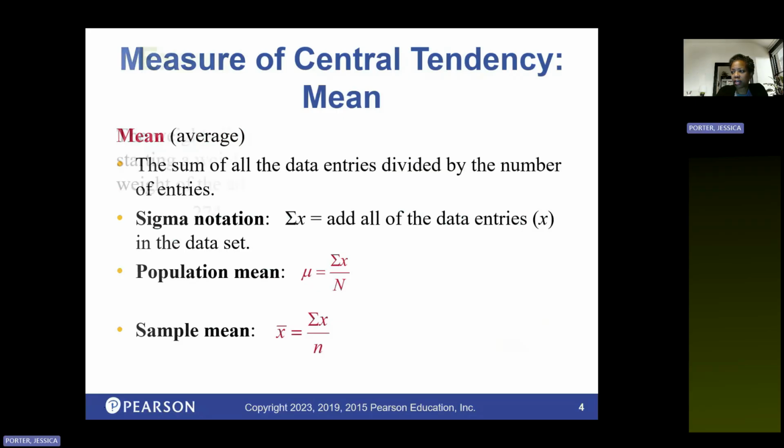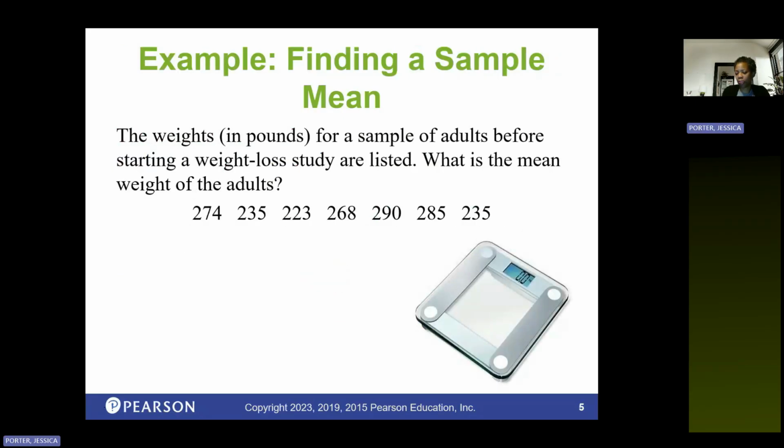And then let's look at this example that we have. So in this case, what we would do, we would add up 274, 235, 223, and so on, and then divide that by the number of entries we have. So we've got 1, 2, 3, 4, 5, 6, 7 entries. We will divide that by 7.